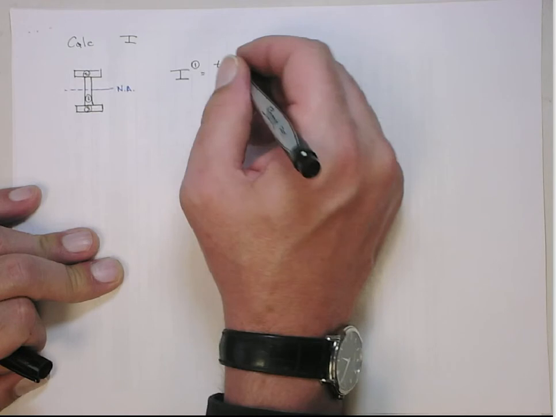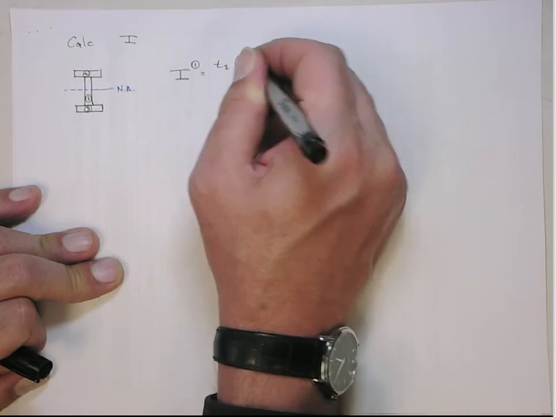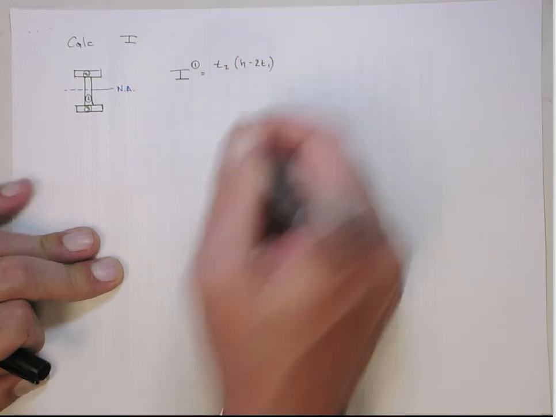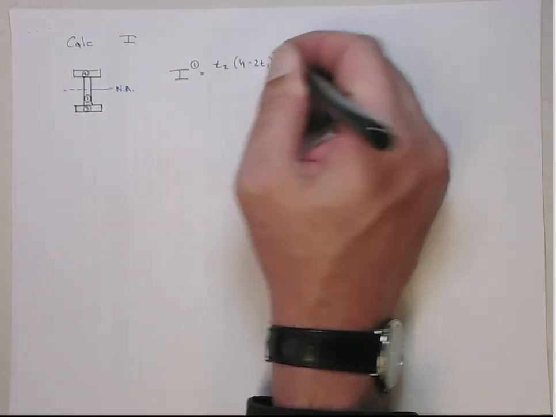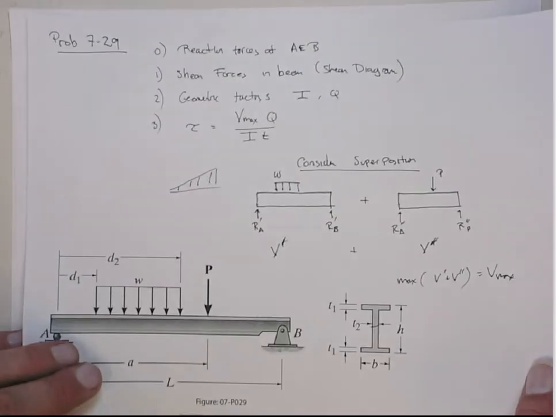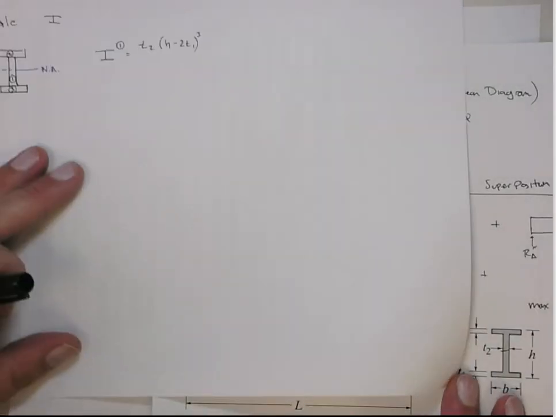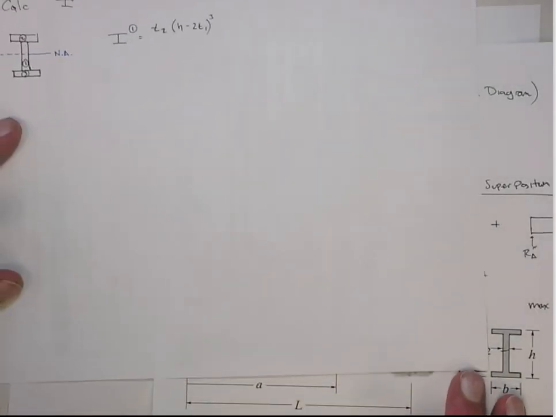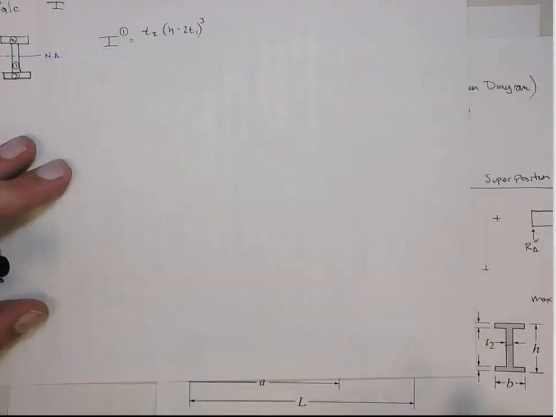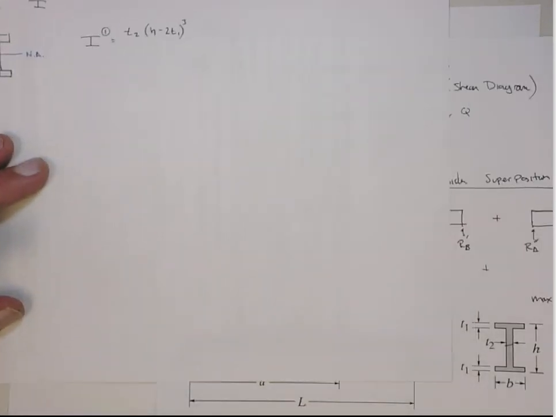The height is going to be the total height minus 2 times t1, that's the flange height, cubed. I should probably keep this picture down here, right? Maybe I could do this. Let's put that down in the corner. We'll do it this way. I think that works. Is everything on the page? Yeah, it's close.